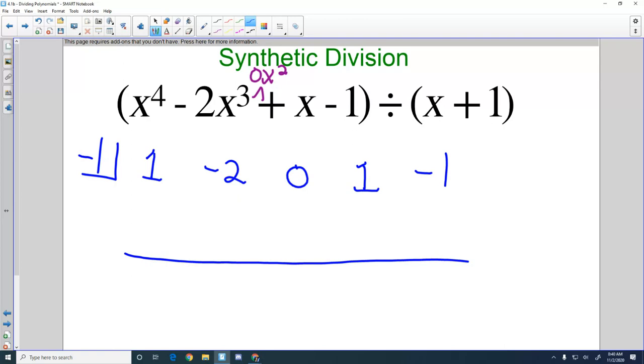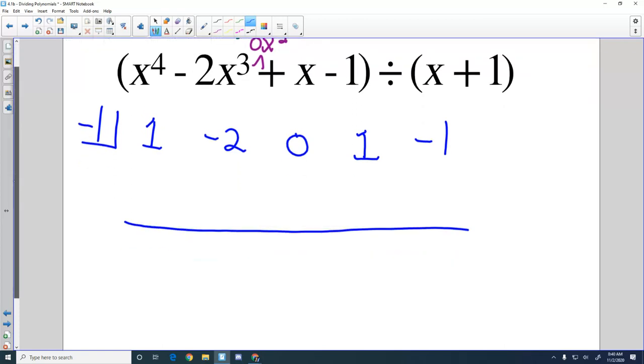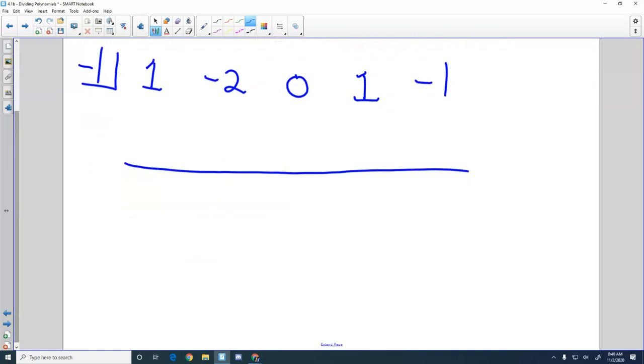Yeah, that's good. This is our setup for synthetic division. Now is where it gets really easy breezy. Does everybody have this setup? Okay, everyone have it set up?